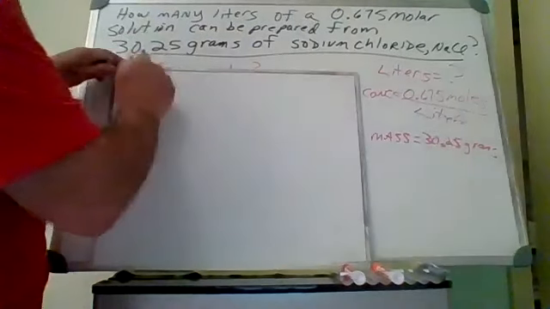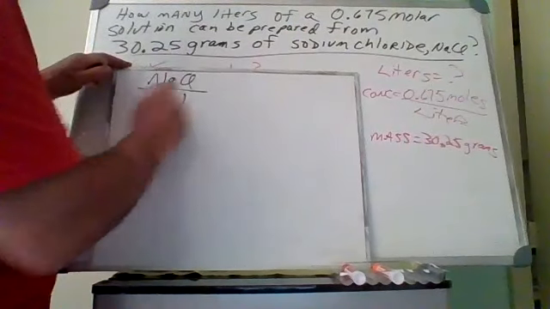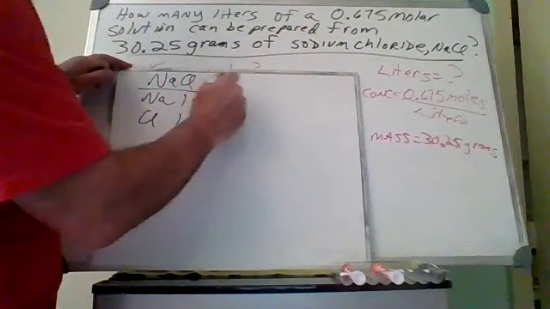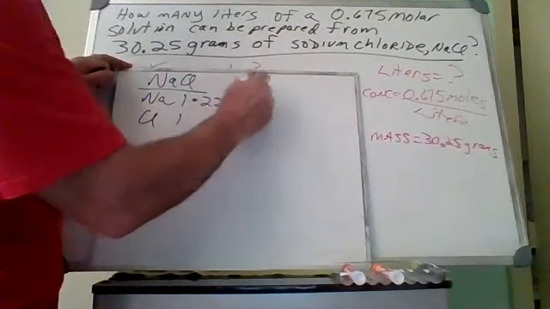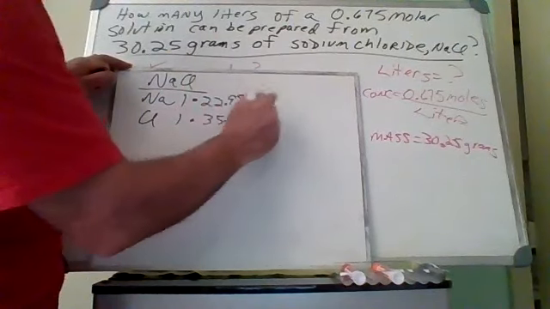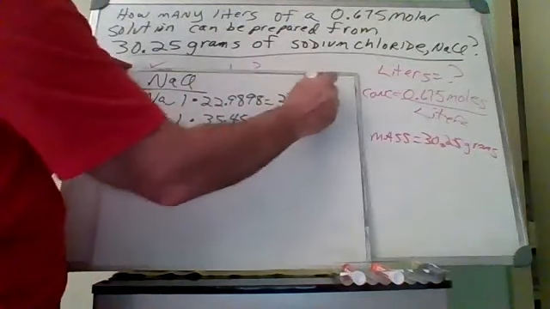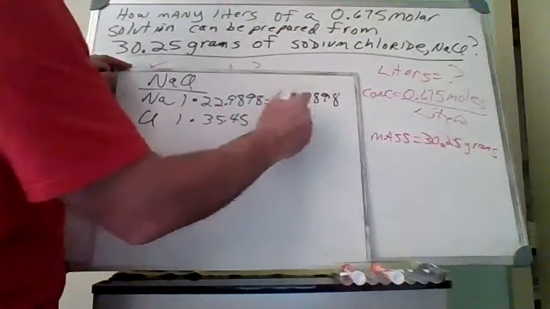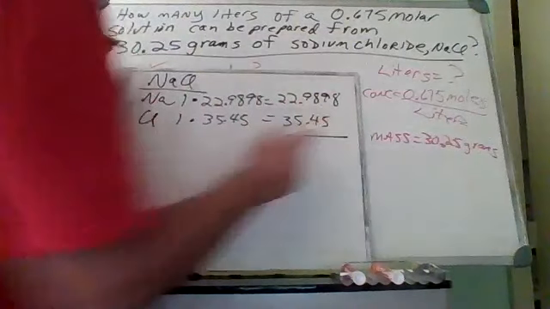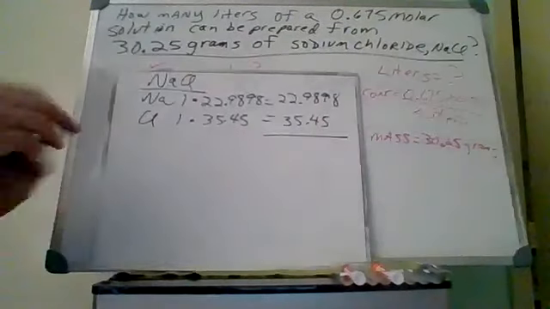We're given the mass. So let's see here. So we need the molar mass of sodium chloride. All right, 1 sodium and 1 chloride. 22.9898 and 35.45. All right, let's get the calculator. I was going to do it in my head, but why do that?